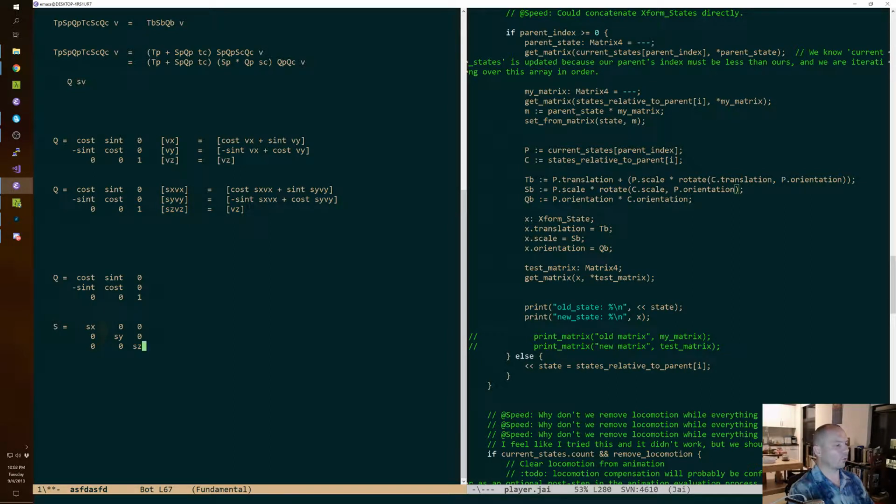So that's our scale, because if you multiply this by Vx, Vy, Vz, you get Sx Vx, Sy Vy, Sz Vz. And then if these indeed interchange, then you just multiply QS and SQ, and you see that they're the same thing.